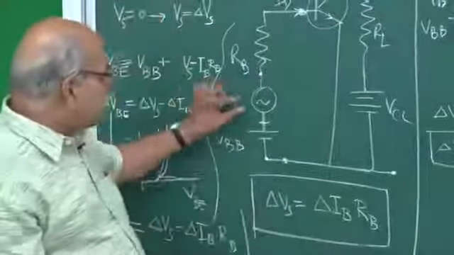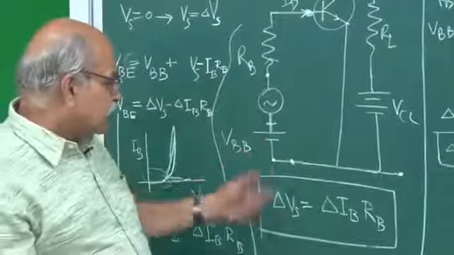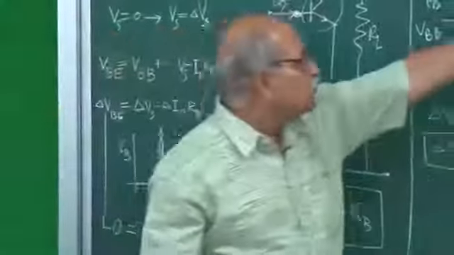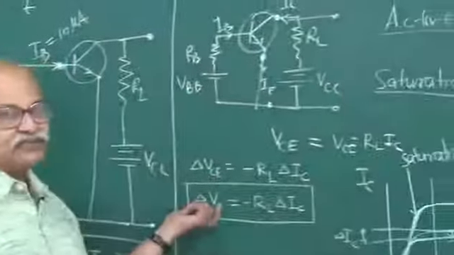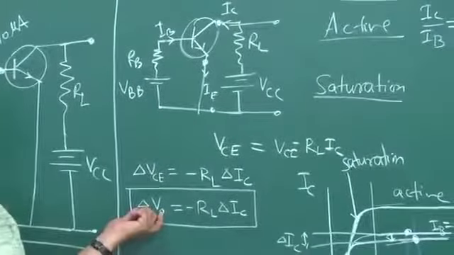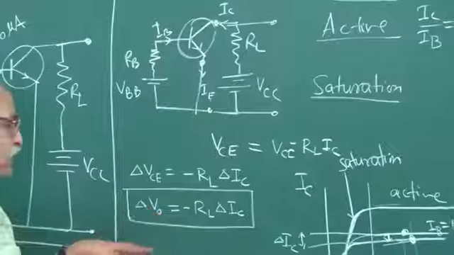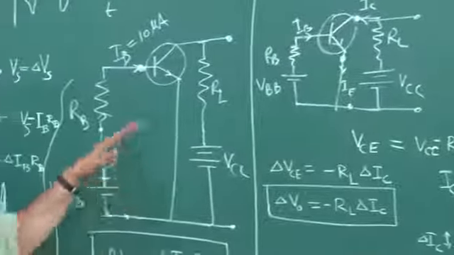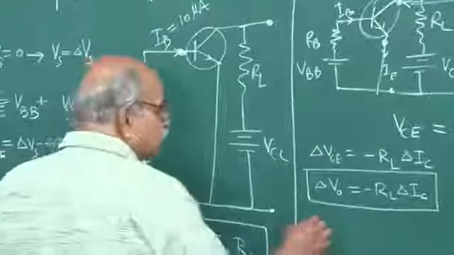So, if the signal varies by this delta Vs, the output voltage varies by this delta V naught, right. And if it is all linear, and it is linear, what is that?